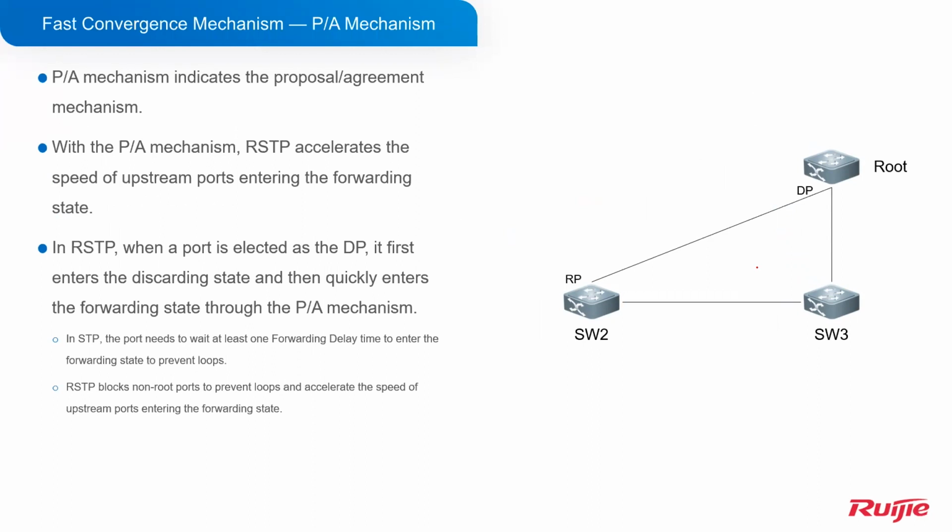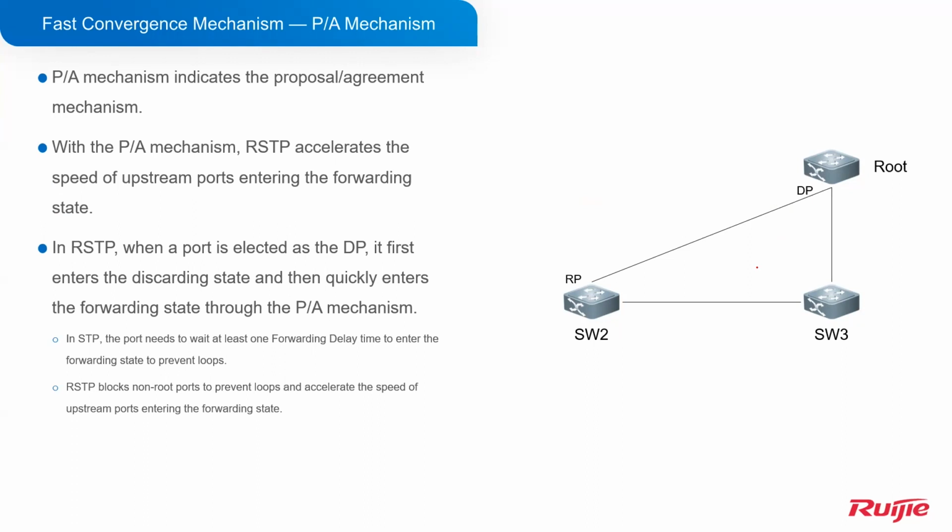In RSTP, when a port is elected as a DP, it first enters the discarding state and then quickly enters the forwarding state through the PA algorithm. In STP, the port needs to wait at least one forwarding delay to enter the forwarding state to prevent loops, while RSTP blocks non-root ports to prevent loops and accelerate the speed of upstream ports entering the forwarding state.